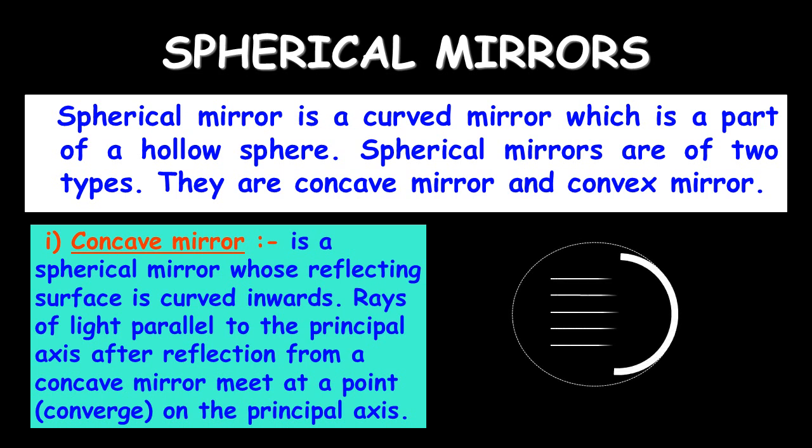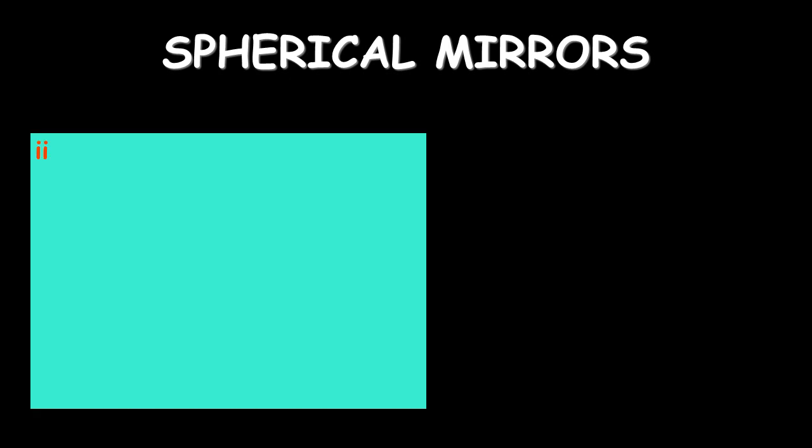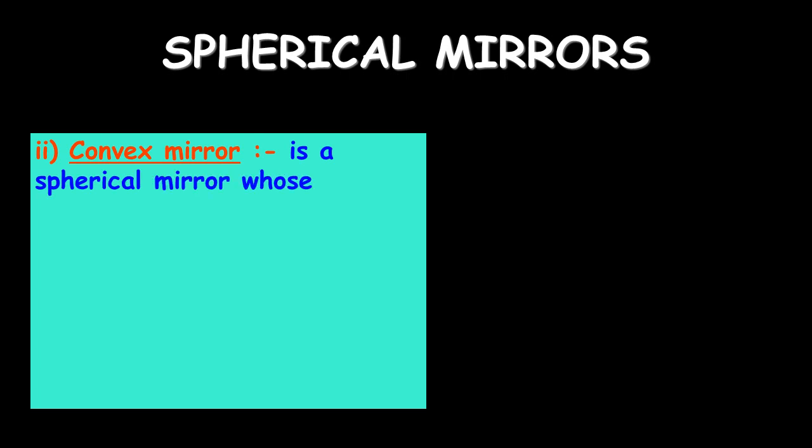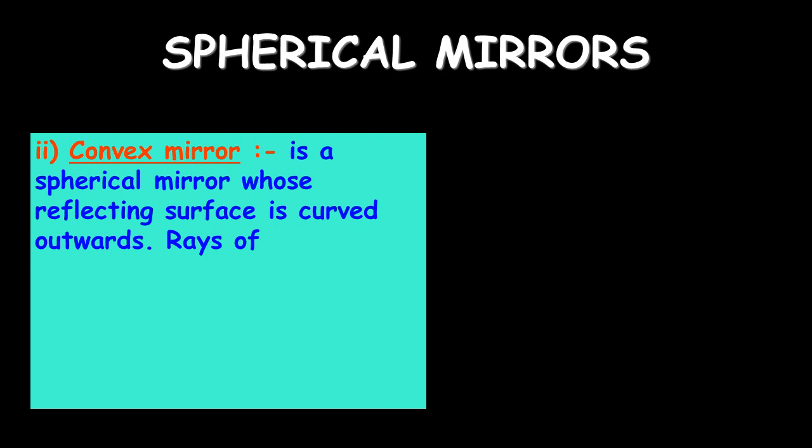Rays of light parallel to the principal axis, after reflection from a concave mirror, meet at a point on the principal axis. That means light rays are converged at a point on the principal axis. Convex mirror: in the spoon, the outward curved portion is the convex part. Now, how can we define a convex mirror?